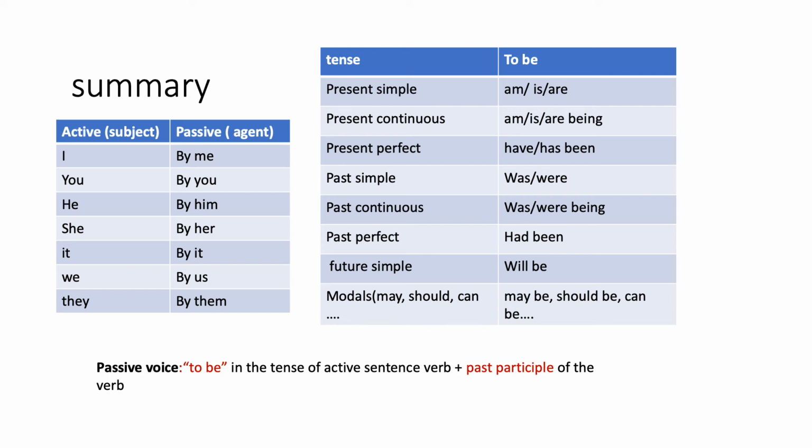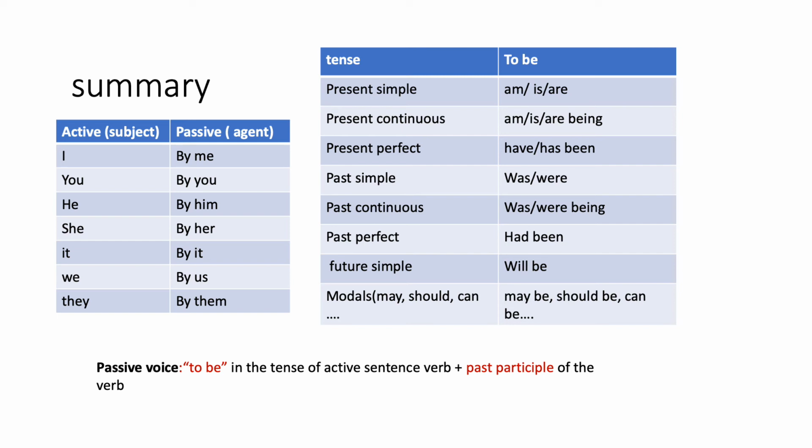These are the personal pronouns from active to passive. So we can't say by I or by he; it becomes by me, by him.